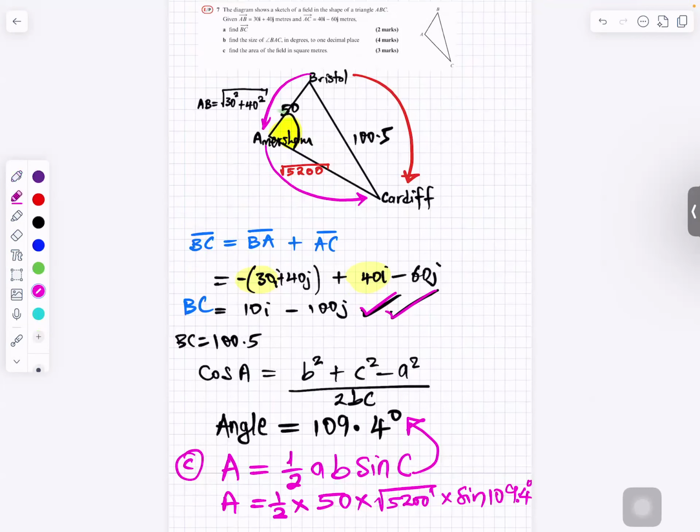So 109 is the angle, that yellow angle there. Oh, okay, yeah, I get it. And then you have to use the sides that are either side of the angle. Yes. Perfect.